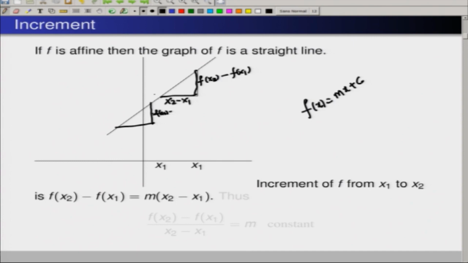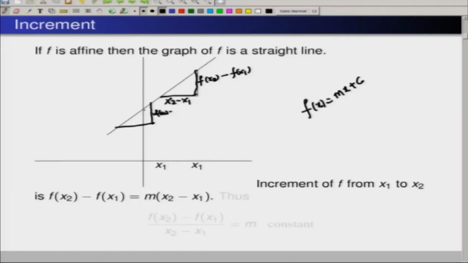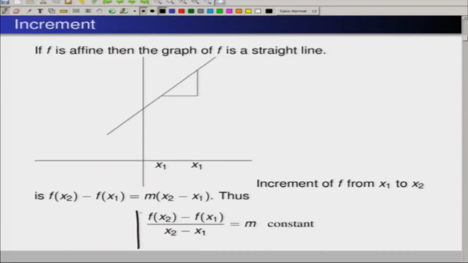So that slope is going to be constant wherever you take it. That means the ratio is the same, independent of the position x 1 or x 2, and it remains constant.